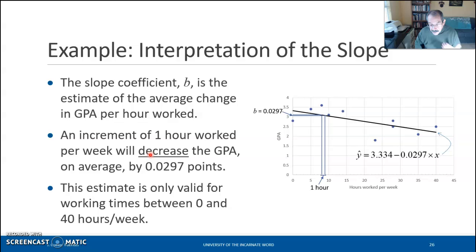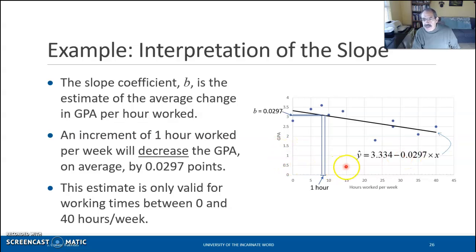The interpretation of the slope is the estimate of the average change in GPA per each hour worked. So an increment of 1 hour worked per week will decrease the GPA by 0.0297 points. And why decrease? Because the sign of the slope is negative.